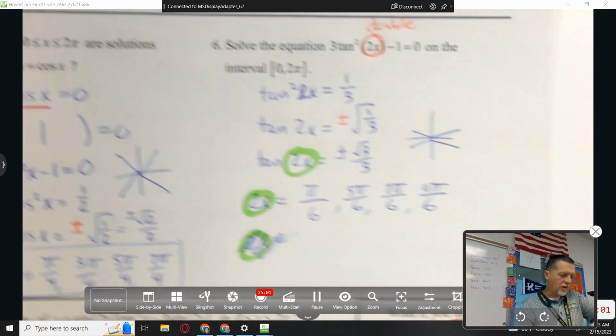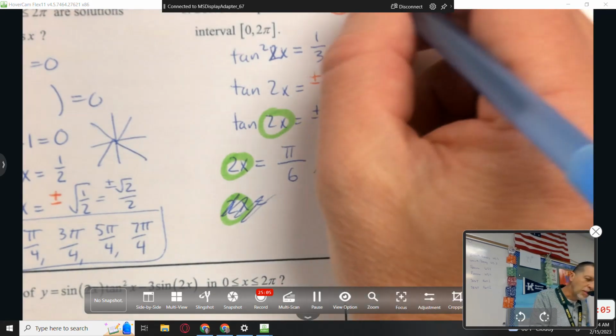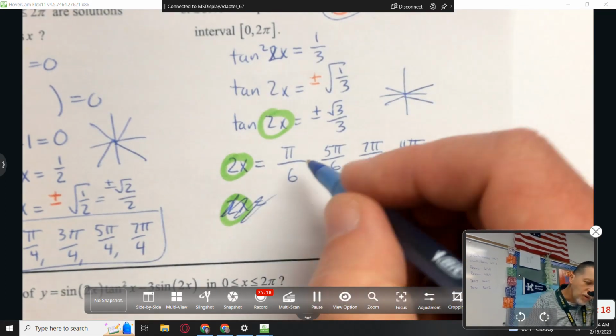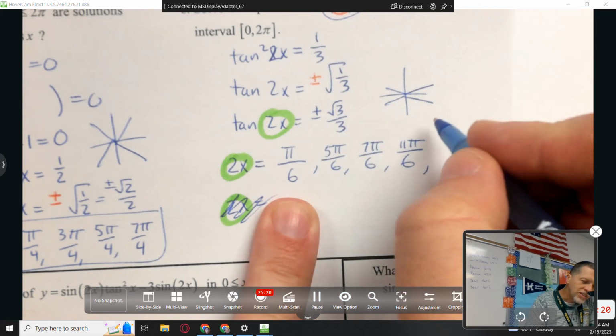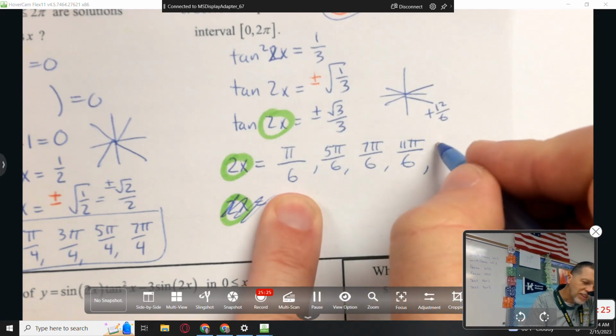And I'm starting to write small because this double means what? How do I get more answers? Add 2 pi to all of those. So I'm going to end up with 8 answers on this thing. So 2 pi would be 12 over 6. So I need to add 12/6 to all of these.